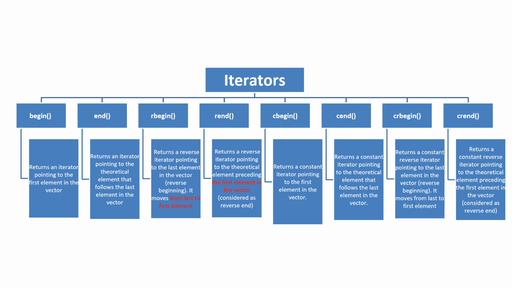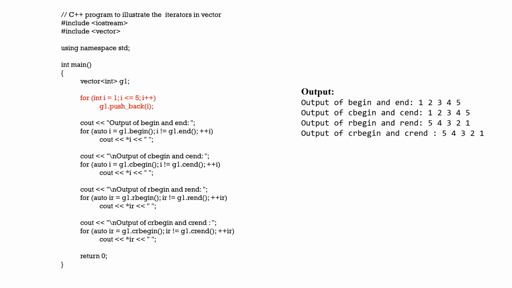So what are the iterators supported by the vector? begin, end, cbegin, cend, rbegin, rend, crbegin and crend. So we can see an example program for representing begin, end, cbegin, cend, rbegin, rend, crbegin and crend.